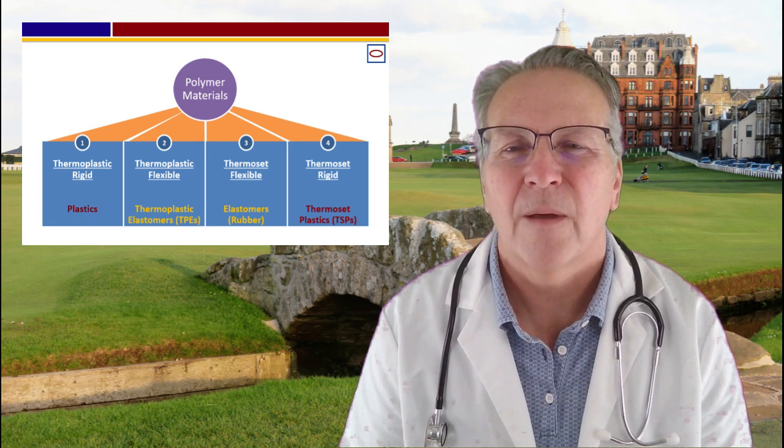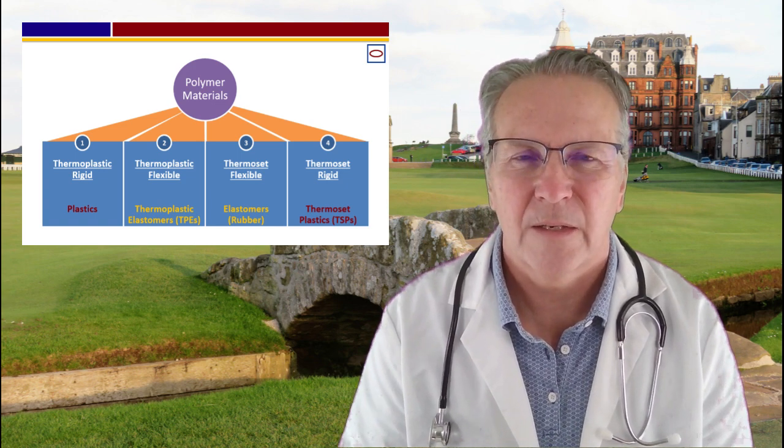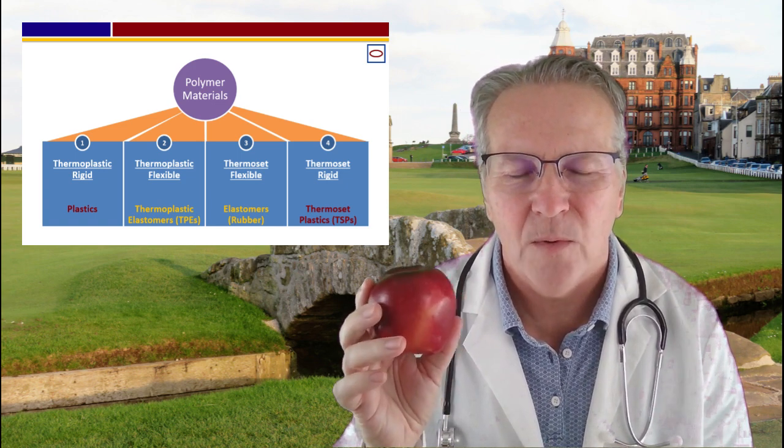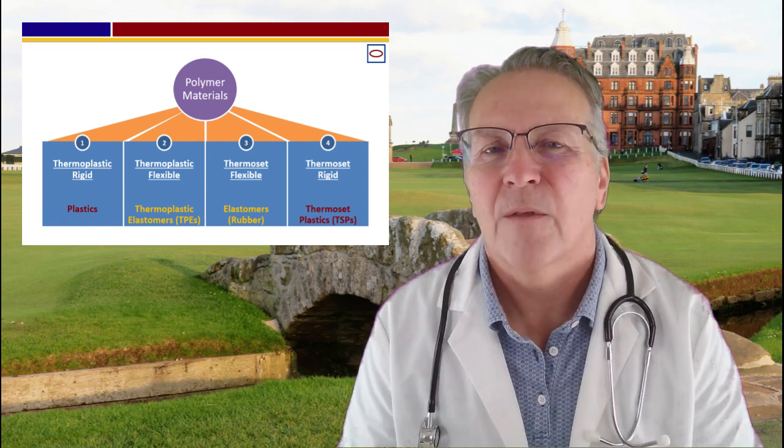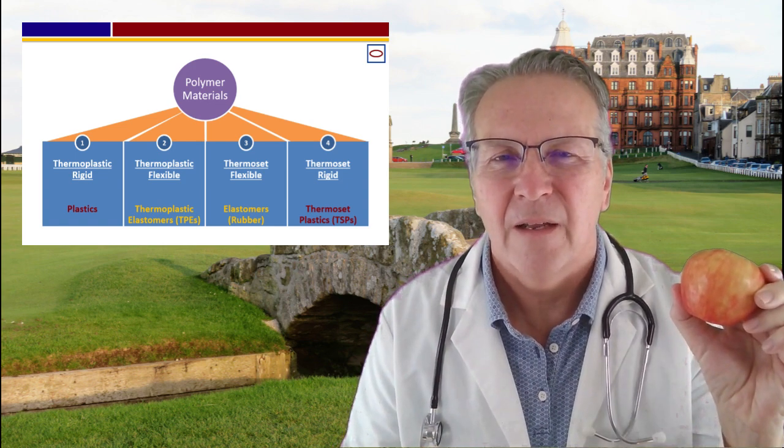And then remember that plastics and thermoset plastics compete with each other. So I think apples. And then with thermoset plastics, I think of a high-end apple. Knowing the big four polymer material types, plastics, elastomers, TPEs, and thermoset plastics, that's working knowledge.